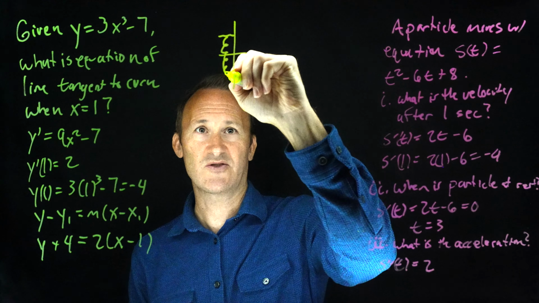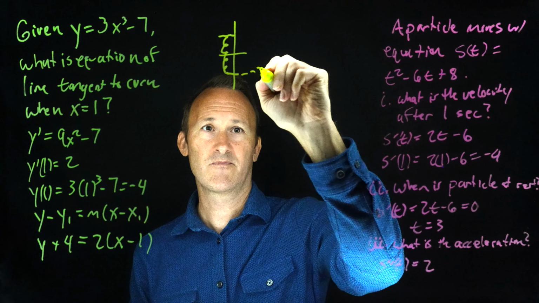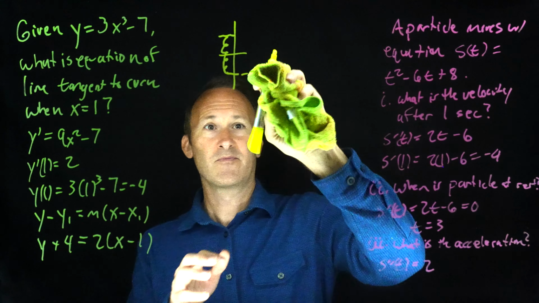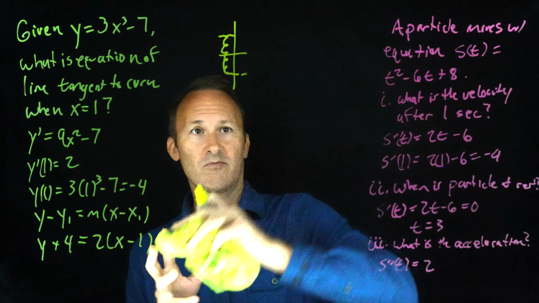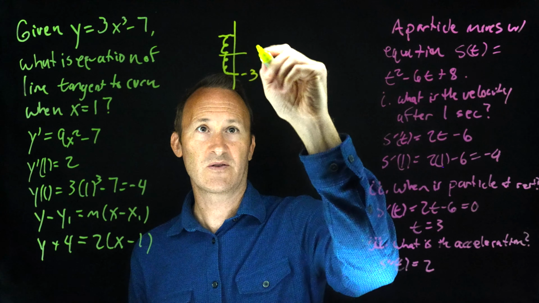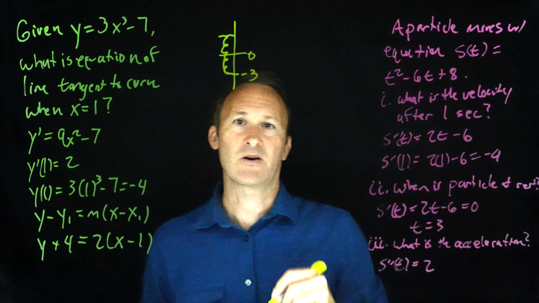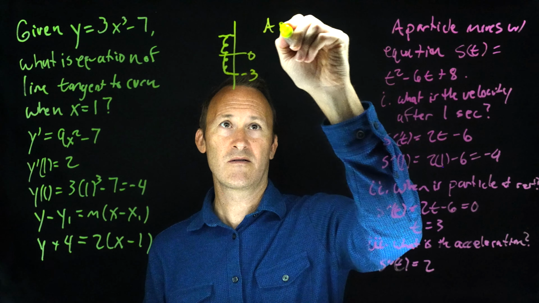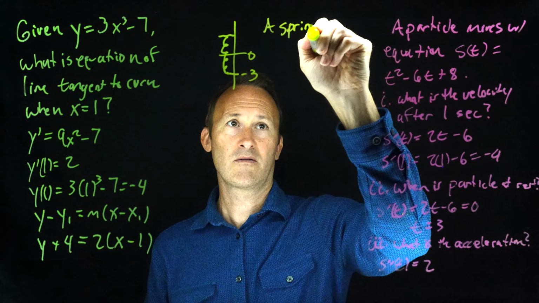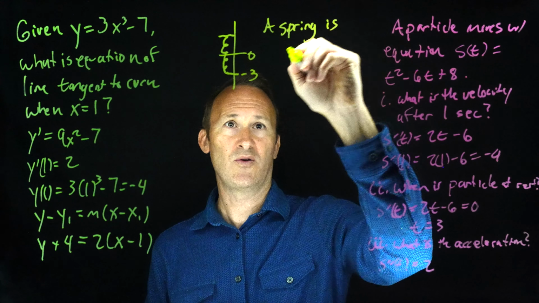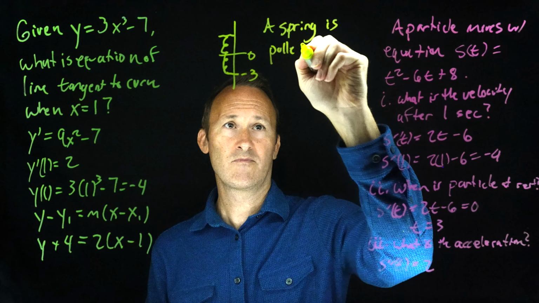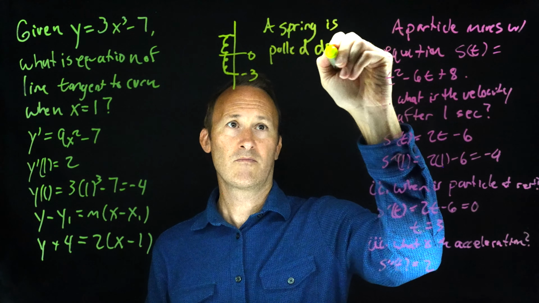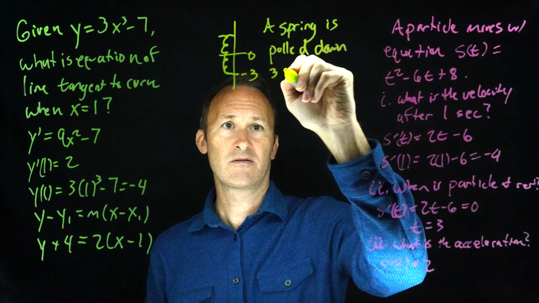And the spring is stretched down to say -3. So we go 0. Okay, so what's the setup here? A spring is pulled down 3 units.